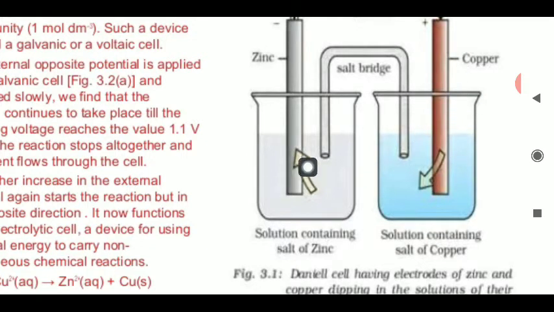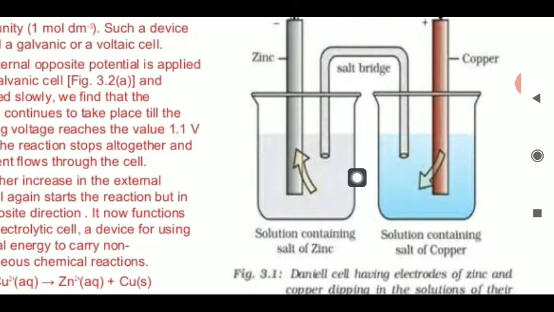So now in this beaker, only the zinc ions are left. In this beaker, only the sulfate ions are left. Whenever the concentration of the zinc ion in this beaker increases up to the optimum level, what will happen? The zinc ion has a positive charge, and the migrating electrons have a negative charge.